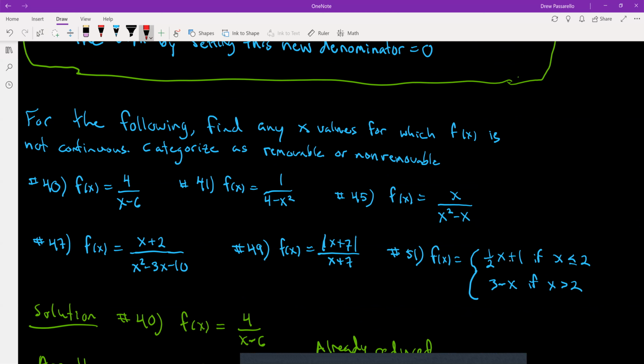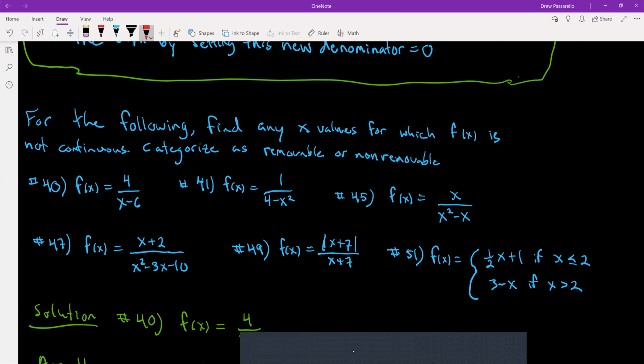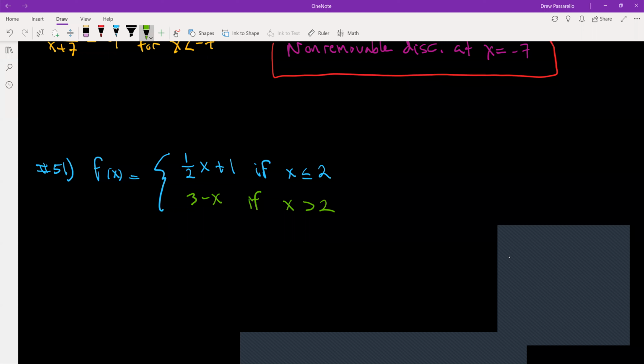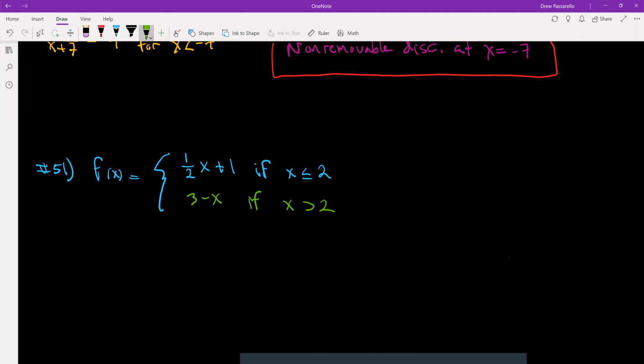If they don't connect, like in the case with 49, then it's going to be a non-removable discontinuity wherever the break is in the graph. All right, so I wrote the function down, f of x equals, and it's piecewise broken up in these two pieces: 1/2 x plus 1 if x is less than or equal to 2, and then 3 minus x if x is greater than 2.